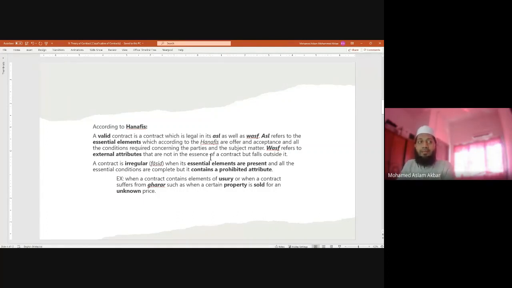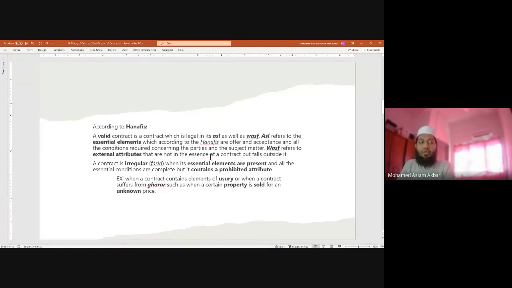Also the parties. How do you make an offer if there are no parties? So parties mean what? Buyer and seller. So if there is no buyer and seller, there is no offer and acceptance.